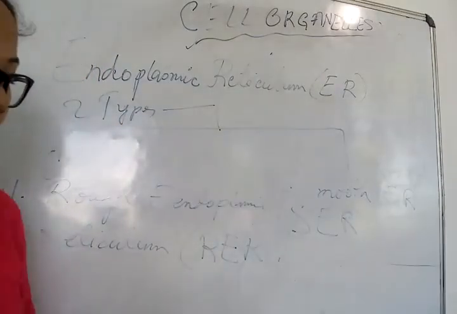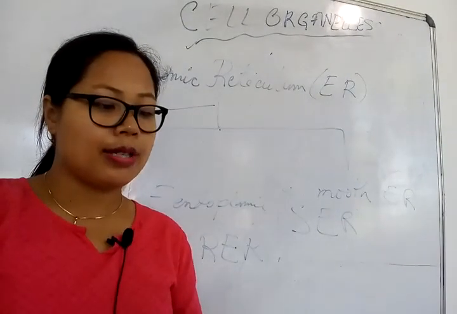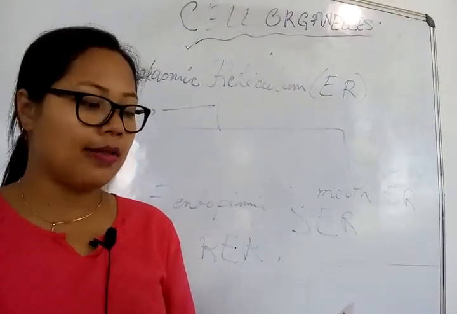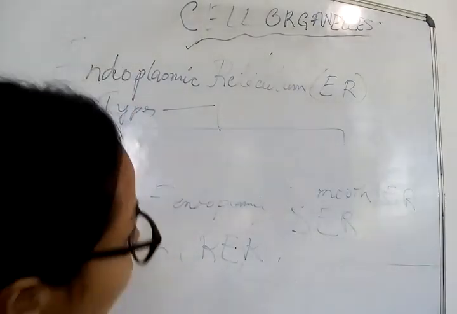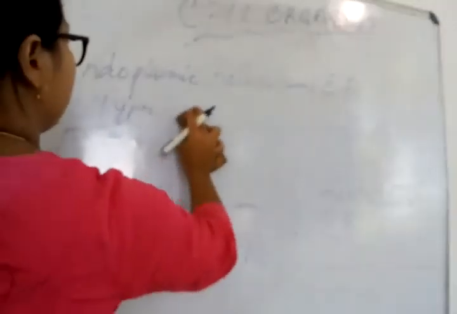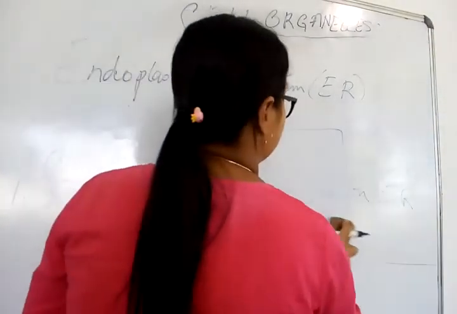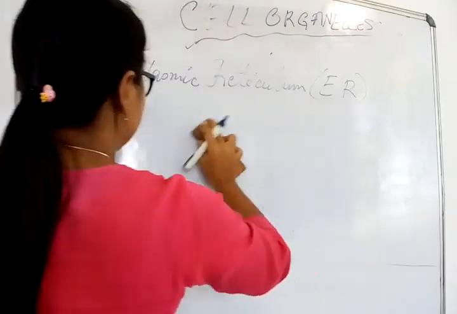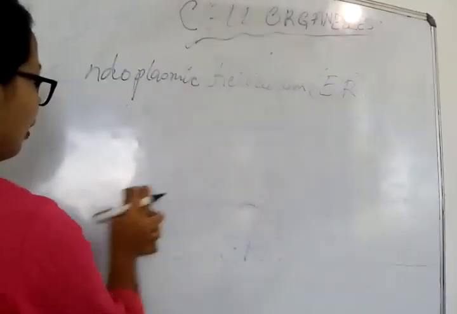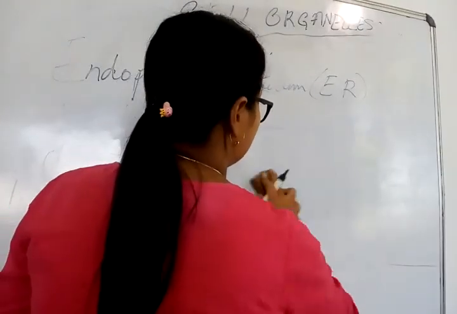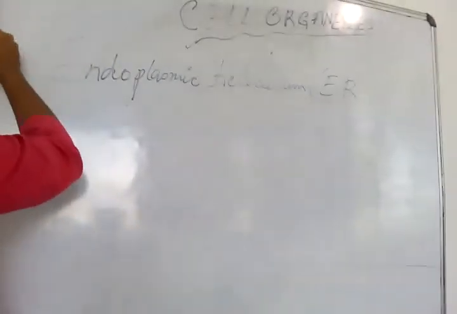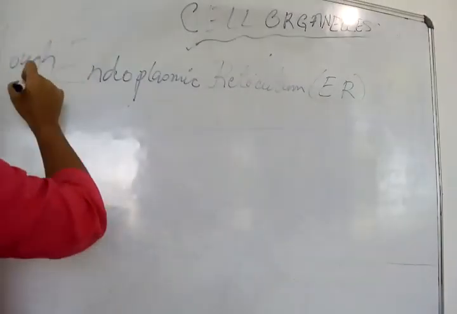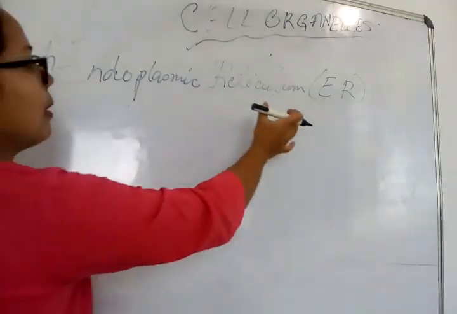Now we'll see a few characteristics of the endoplasmic reticulum, starting with the first type, the rough endoplasmic reticulum.